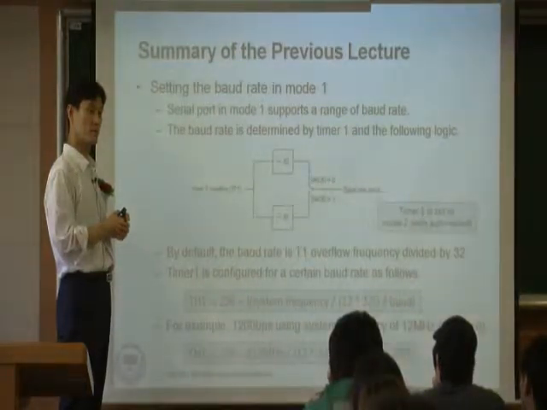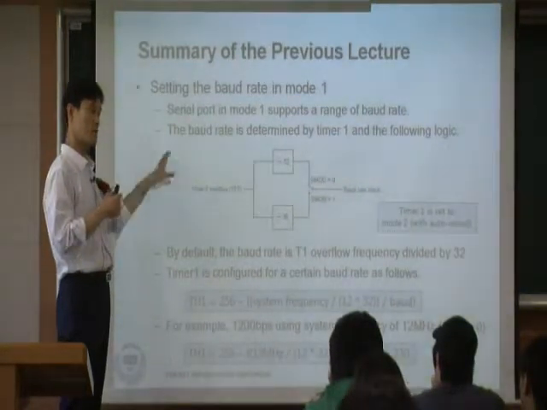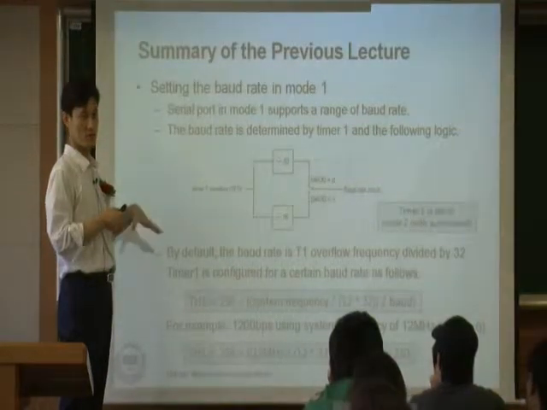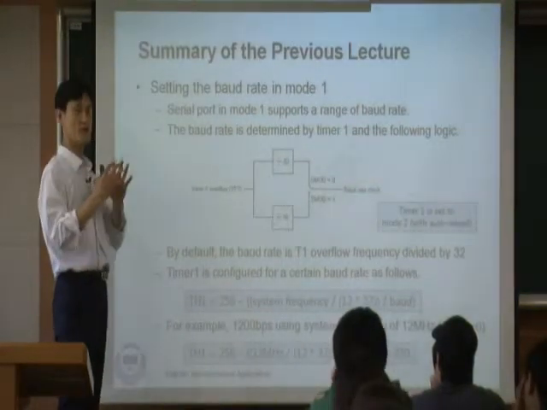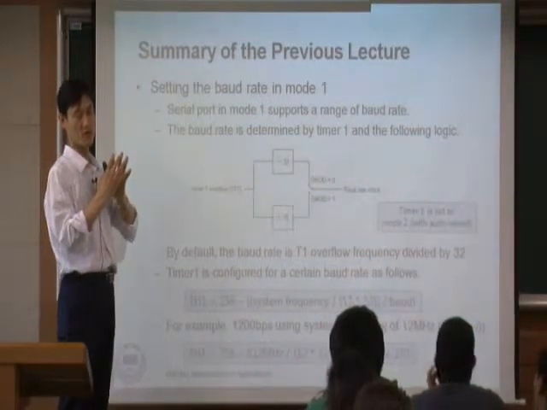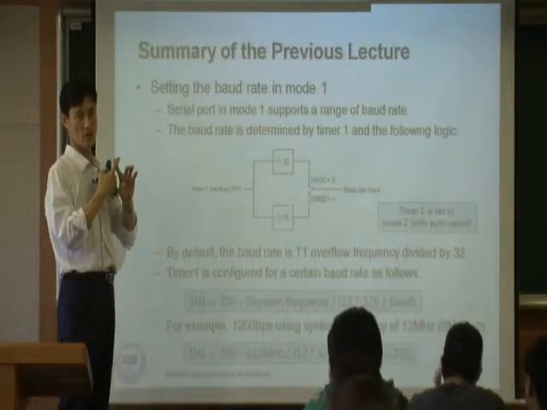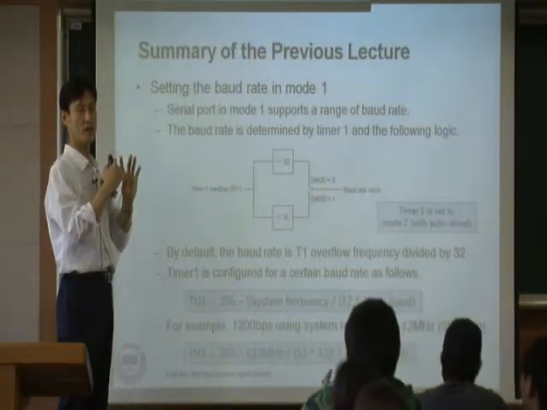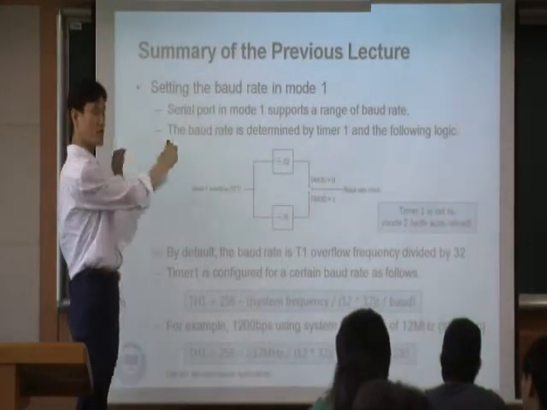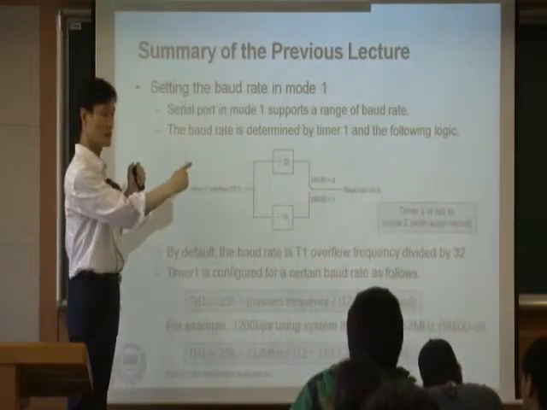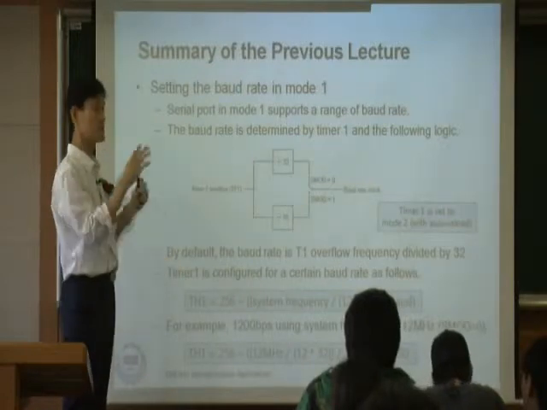Because this communication is asynchronous communication, right? Remember that among those 4 different serial communication modes, mode 0 was synchronous communication. In synchronous communication, you have a clock, a clock pin. Therefore, depending on the clock speed, your communication speed is decided.